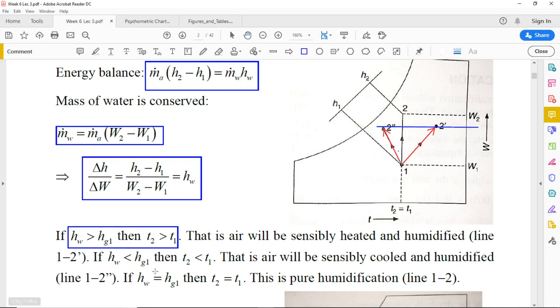So that is a second possibility for the humidification process to proceed.